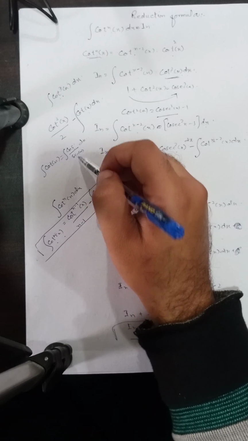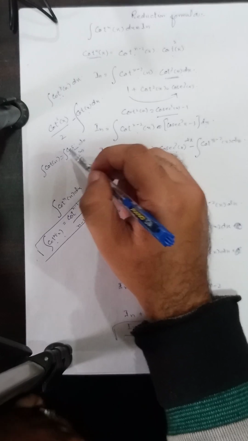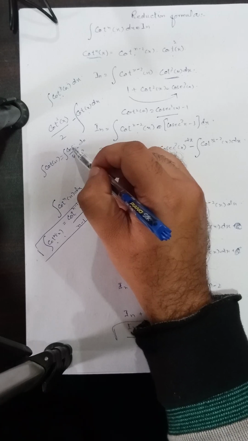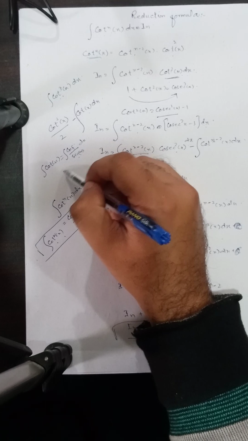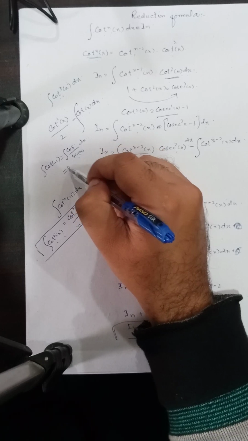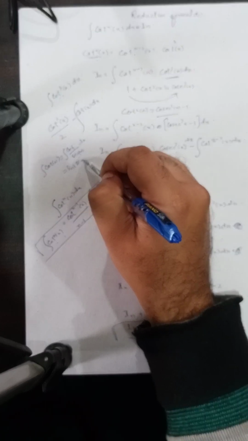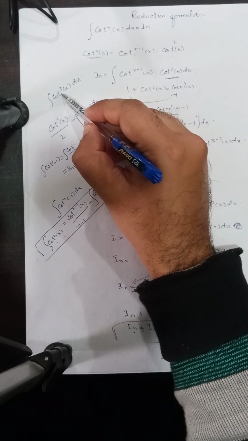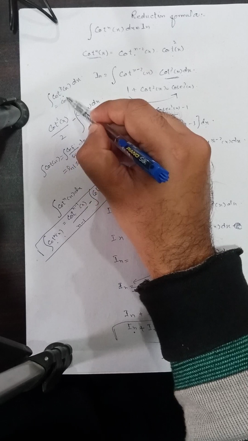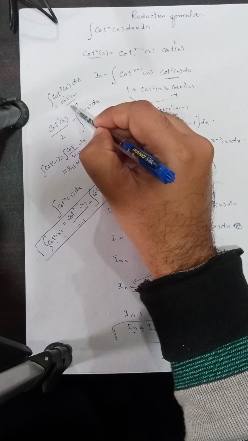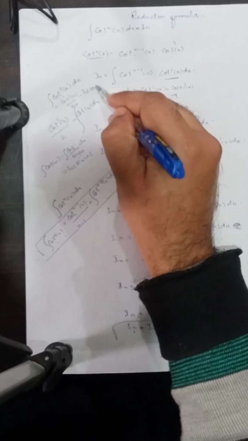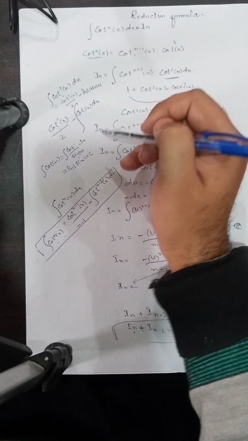In the denominator there is sine, and the derivative of sine is cos of x. So the integral of this function is equal to log of sine of x plus c. So the integral of cotangent cube of x is equal to minus cotangent square of x divided by 2 minus log of sine of x plus c.